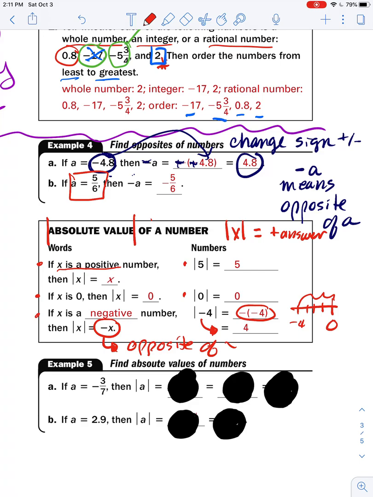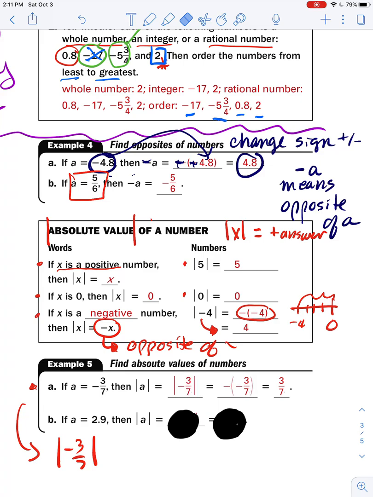Okay, so take a second to try to figure out, what would the answer to part A be here? If you're looking at A, -3/7, it's asking for the absolute value of -3/7. Now, if you can just go right to the answer, what would your answer be? +3/7.